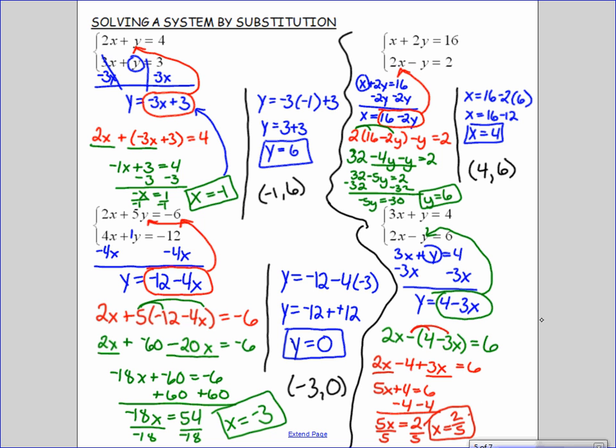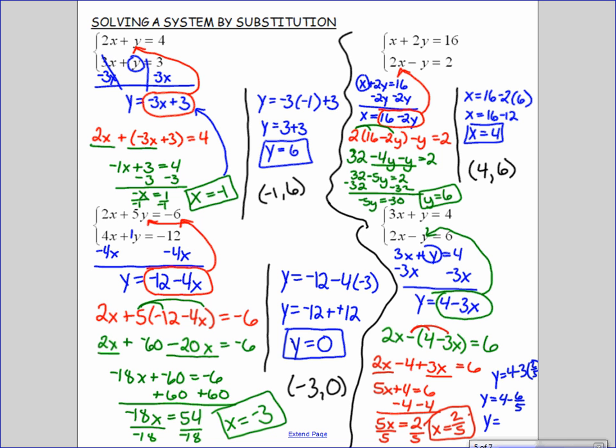Plug that back in up here. So y is equal to 4 minus 3 times 2/5. Oops, we're running out of room. That's okay. Y is equal to 4 minus 3 times 2/5 is 6/5, or 1 1/5.